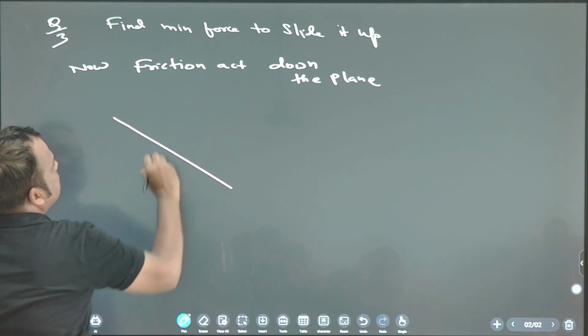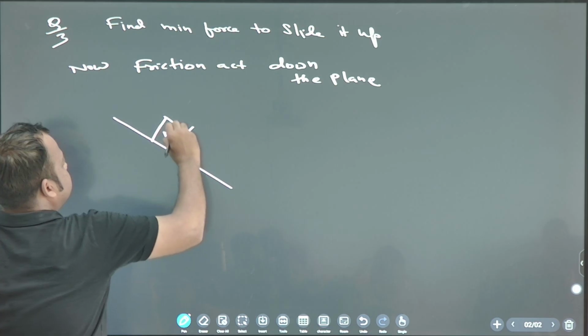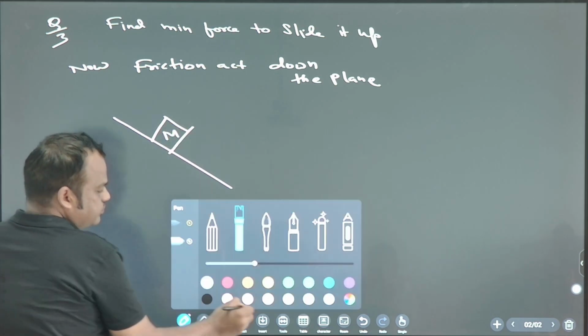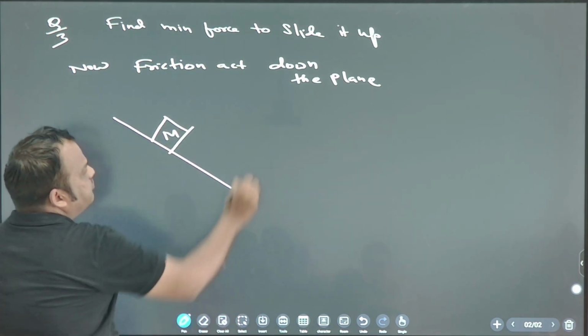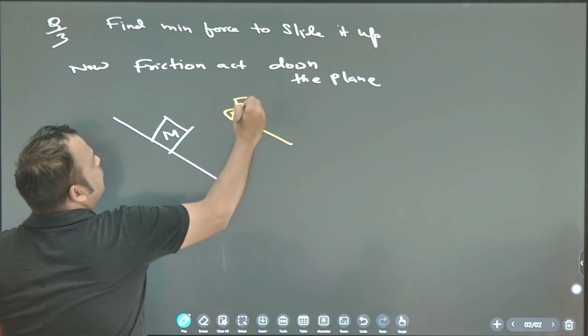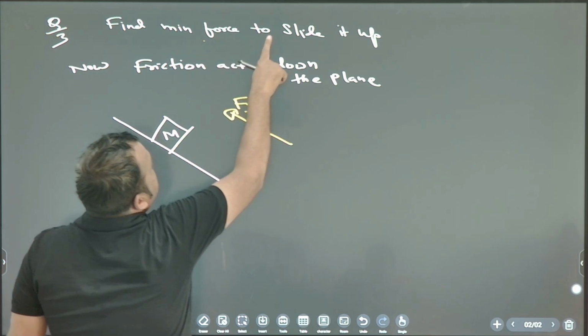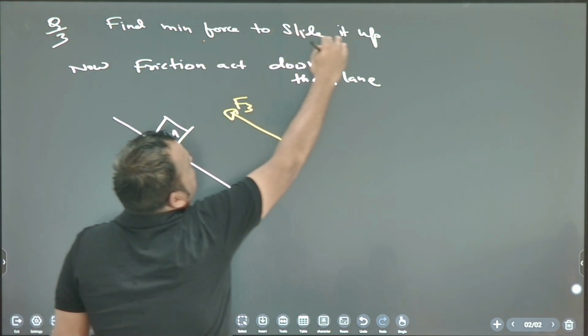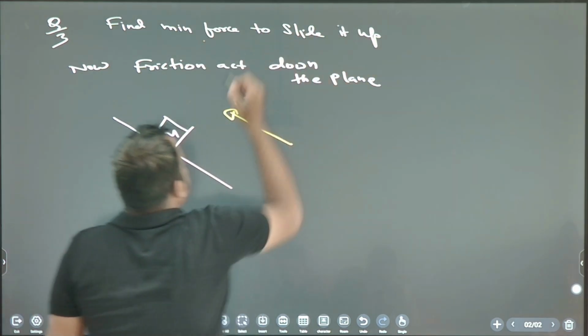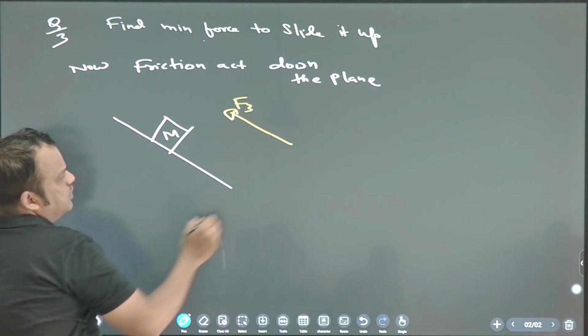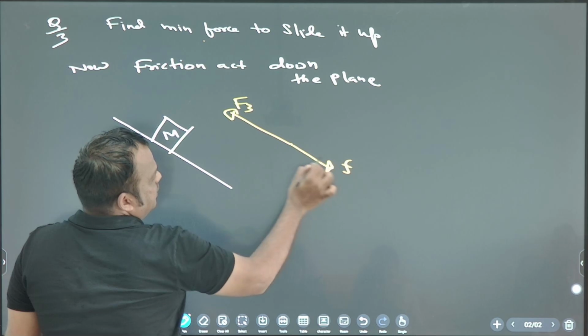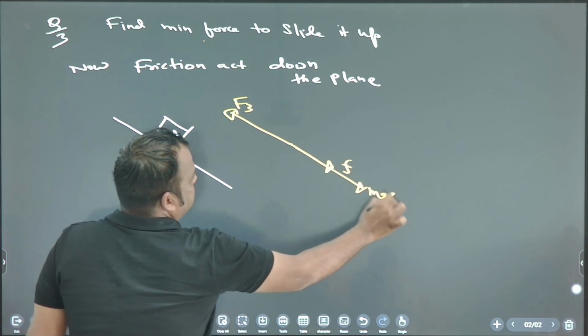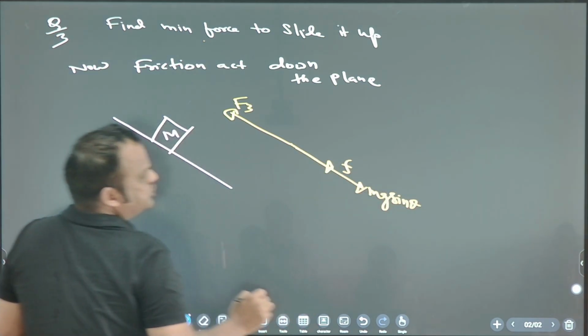Suppose this is the block. Now you can call it F3, the minimum force to slide it up. Now friction will act down the plane, and mg sin theta will act down the plane. Understood?